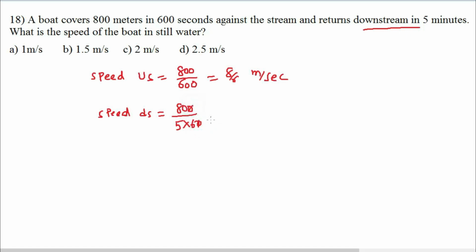Zeros cancel. 80 by 30, 8 by 3 meter per second.